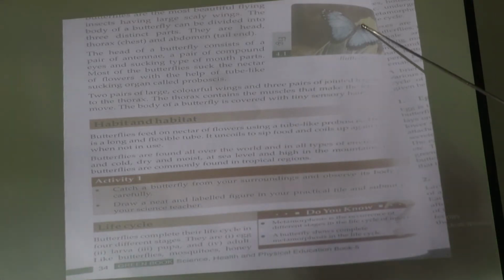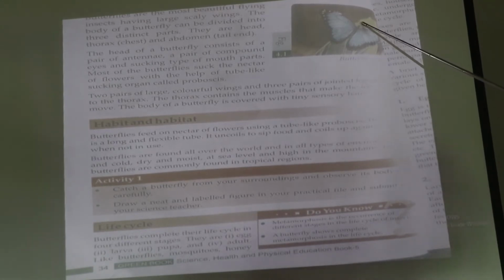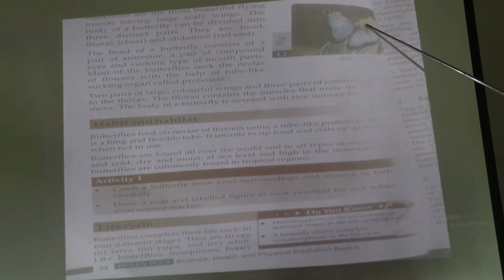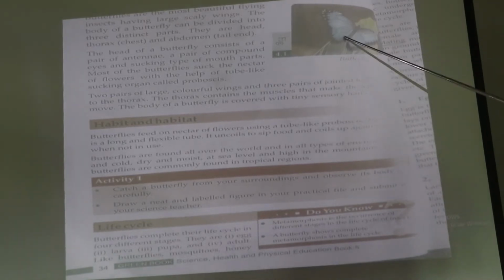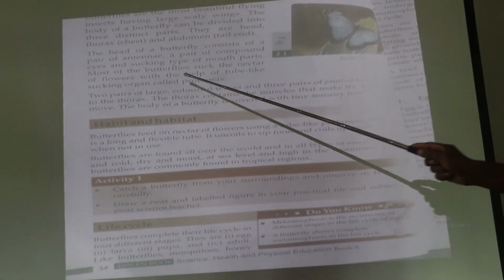The head of a butterfly consists of a pair of antennae, a pair of compound eyes, and sucking type mouth parts.